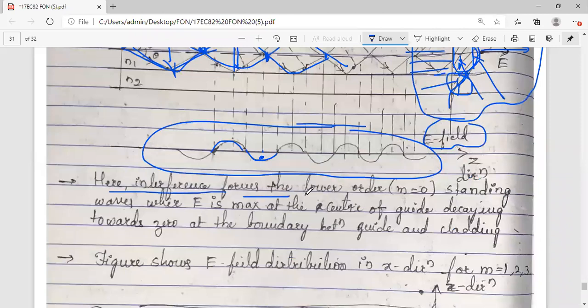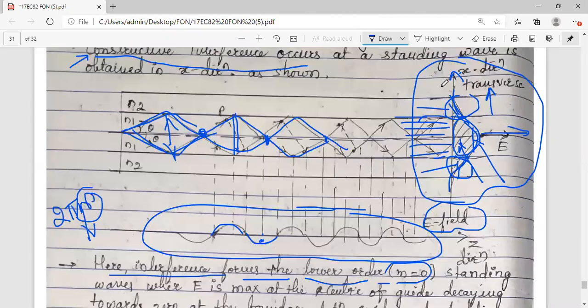Here the interference forms the lowest mode, m is equal to 0. M is equal to 0 means there is no phase change. I told you, the phase change is 2 pi m radians, where m gives you the number of reflections and m gives you the mode. So the m value for this figure I have drawn here is m equal to 0. That's why you are able to see this type of structure.